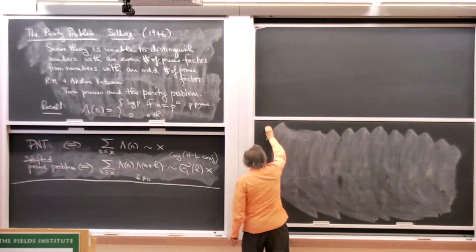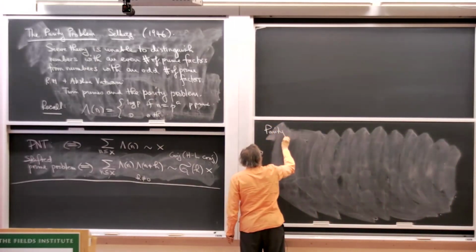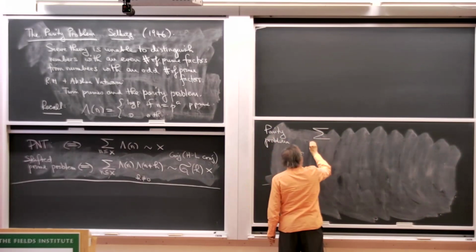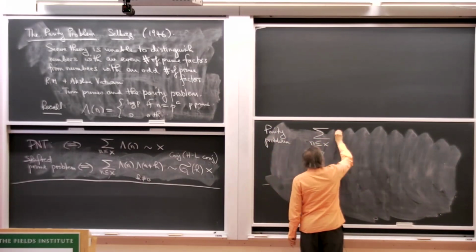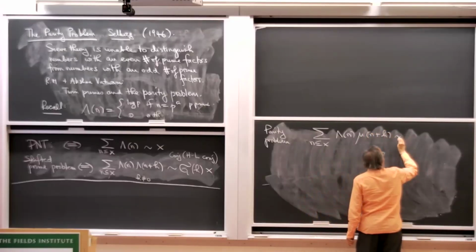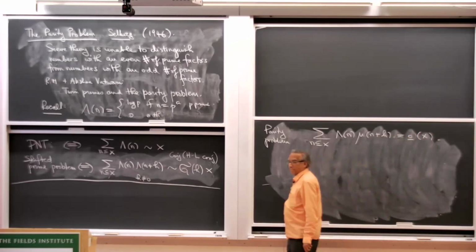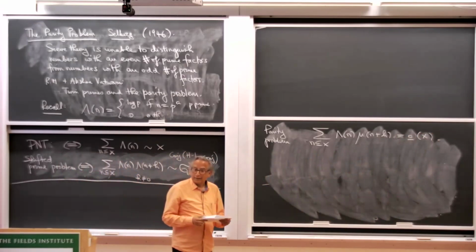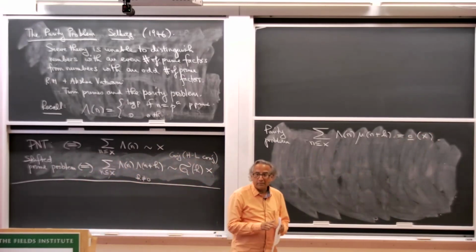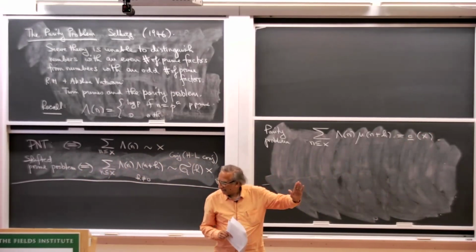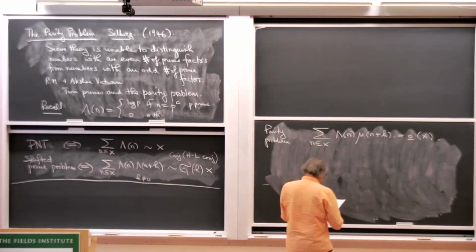So the parity problem is somehow the assertion, that's the way we want to make the statement of the parity problem. Parity problem, somehow the number of primes when I shift that are with an even number, an odd number, we formulate it like this. So this is a conjecture.